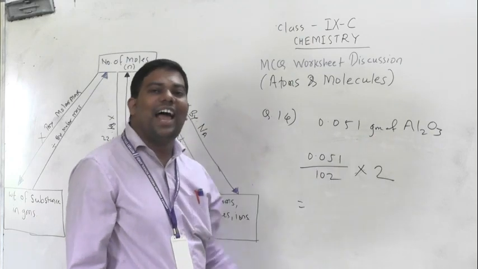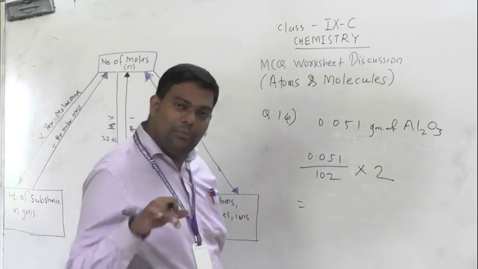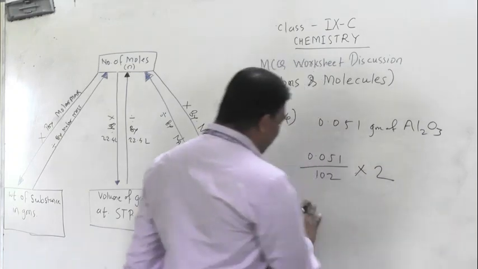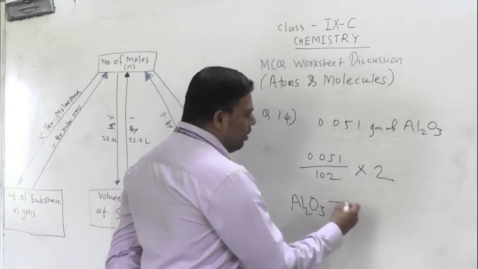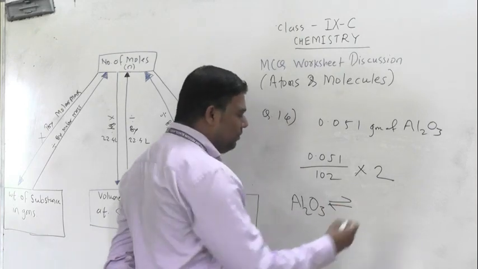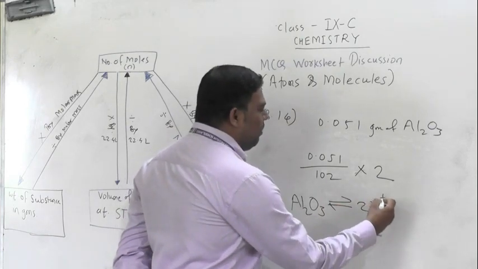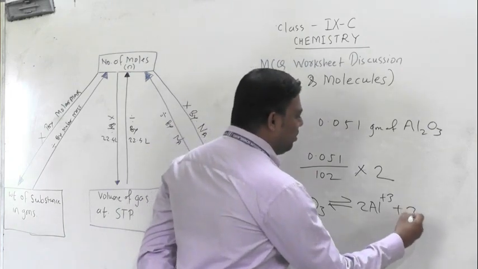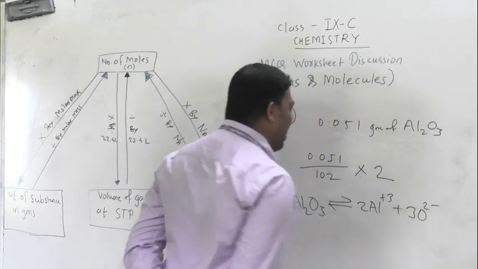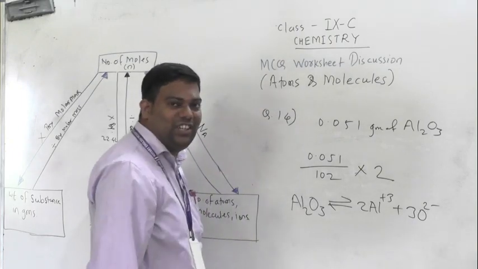Why do we multiply by 2 for our complete answer? Because we want aluminum ions, and the aluminum ions come from this Al2O3. So how will it dissociate? 2Al3+ plus 3O2-, like that it will dissociate.